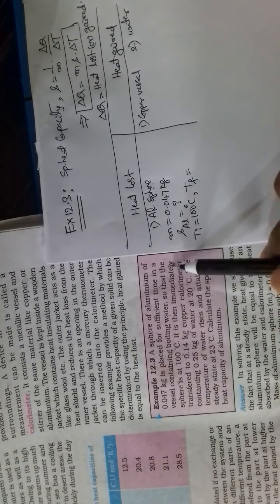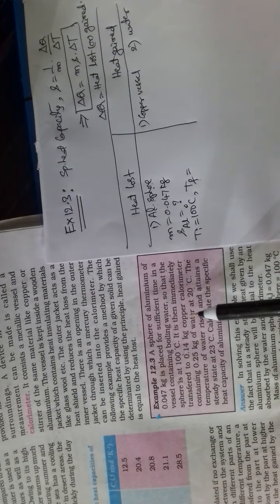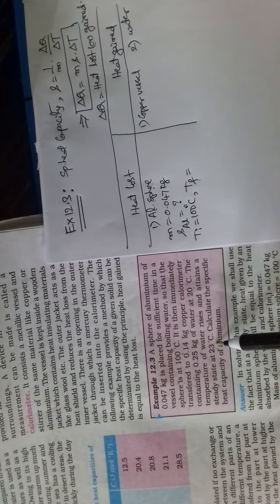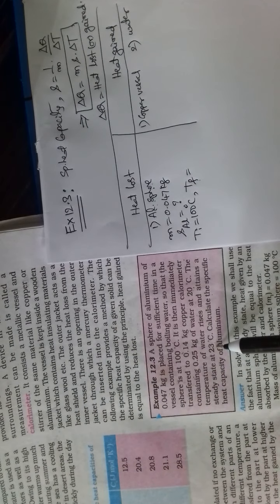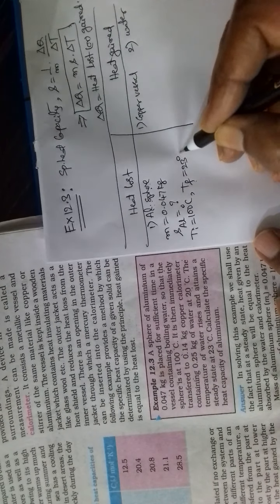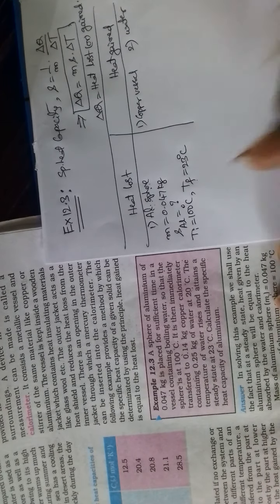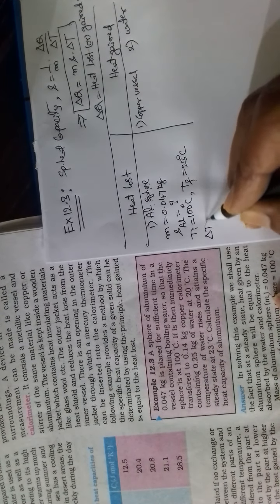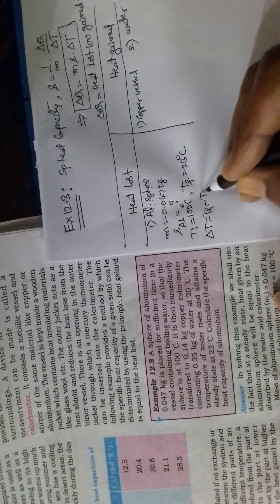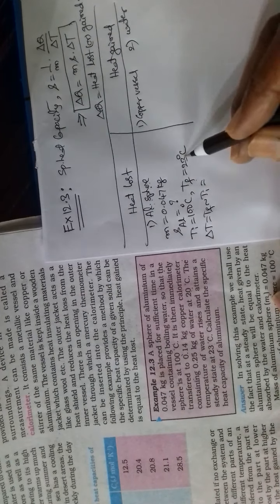It is then immediately transferred to the copper calorimeter containing water. The temperature of water rises and attains a steady state at 23 degrees centigrade. So this is the final temperature. Change in temperature: minus (100 minus 23).